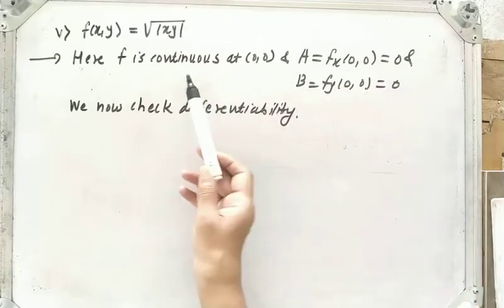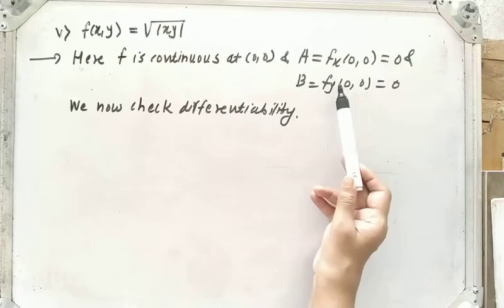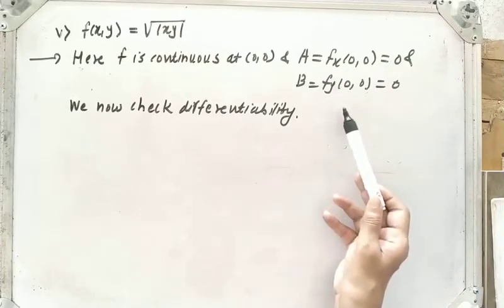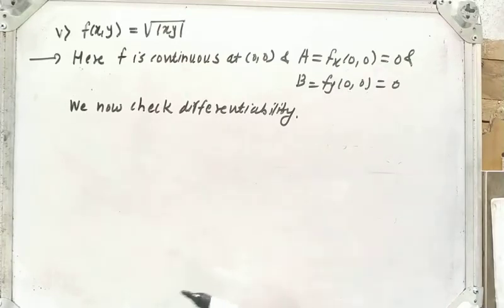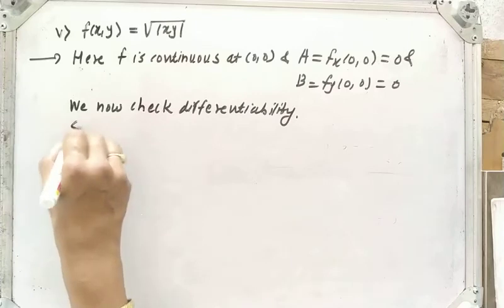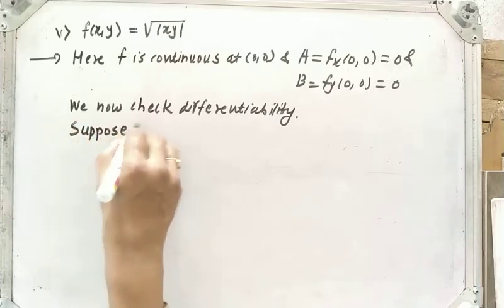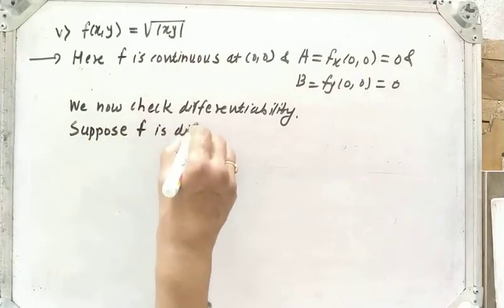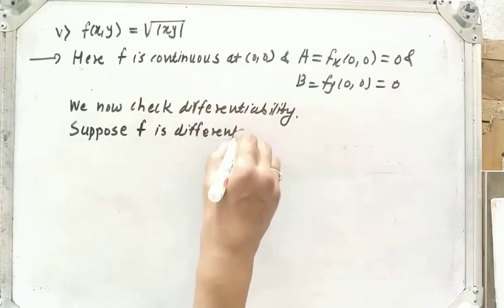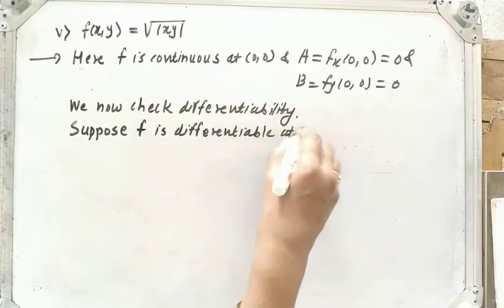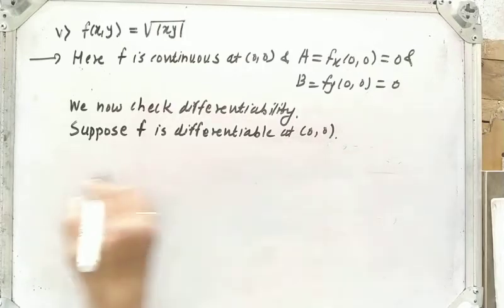Now here we get that the function is continuous as well as its first order partial derivatives exist. Therefore now we will go further and use the equation for differentiability. Now suppose f is differentiable at (0,0).